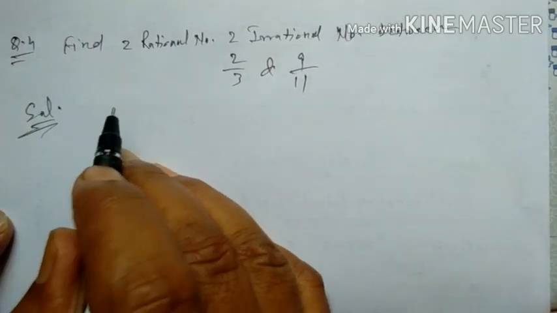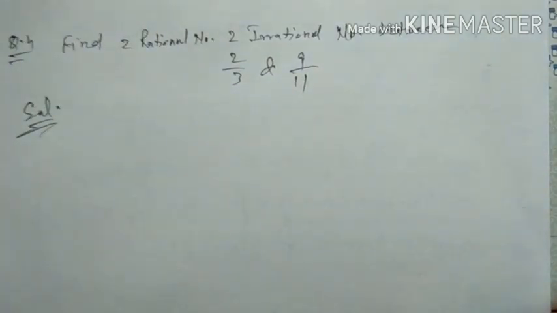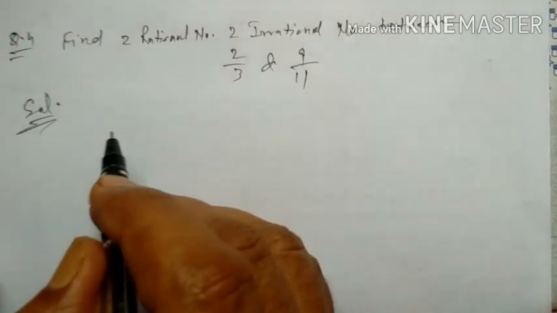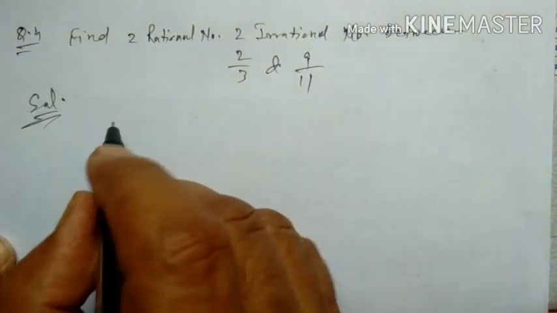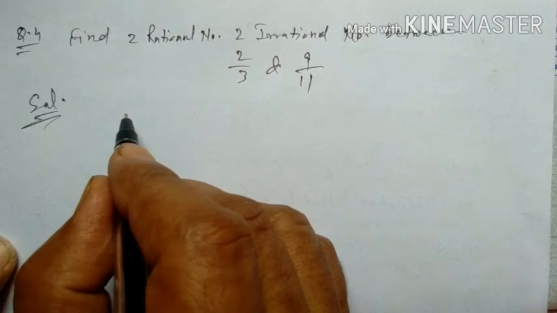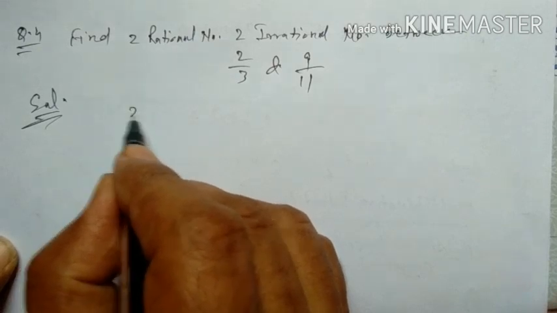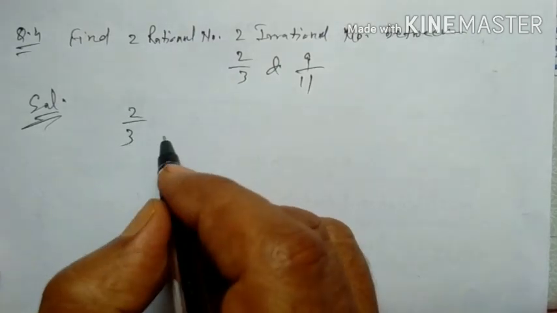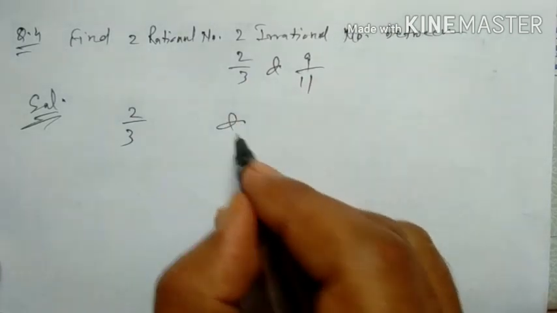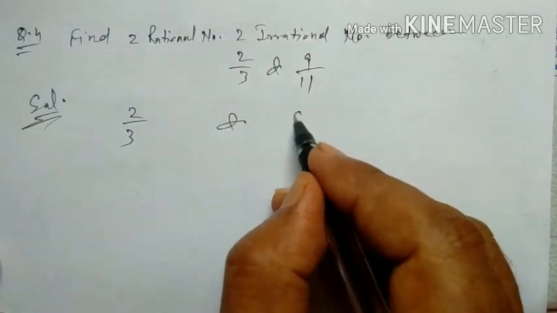Solution. Now we can write 2/3 and 9/11.